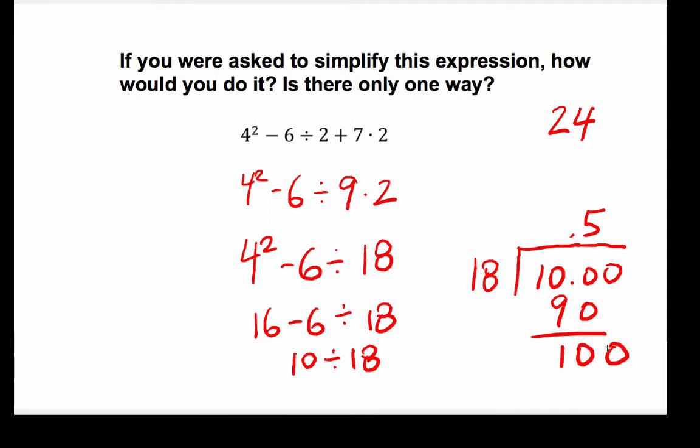Subtract, I get 10, bring down the 0, that's another 5. 5 times 18 is 90. Subtract, I get 10 again, bring down another 0, and this goes on and on and on. So I see this is 0.5 repeating. So this individual might say, well, the answer is 0.5 repeating.